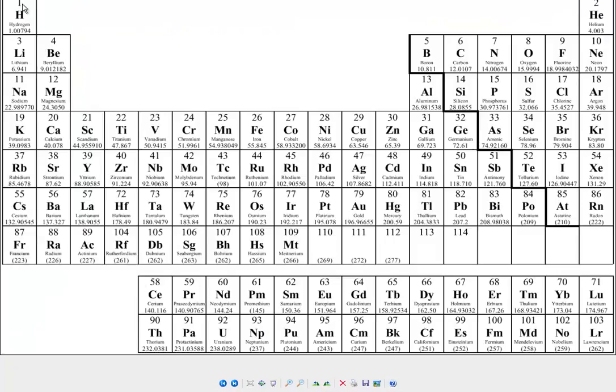On the periodic table, you'll see obviously the atomic number. You'll see the symbol, the name, and this number right here. So looking at hydrogen, it says 1.00794. That number 1.00794 is going to be the atomic mass. Now if you recall, atomic mass is the weighted average of all the isotopes of that element based on relative abundance.